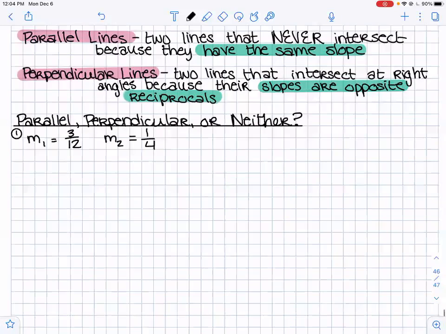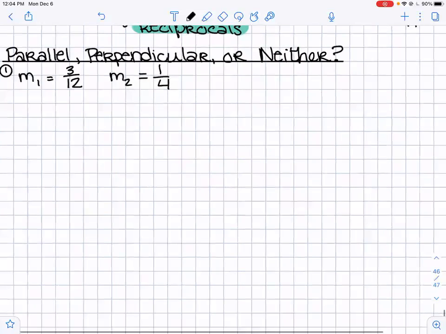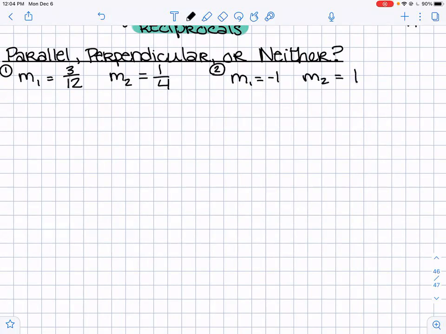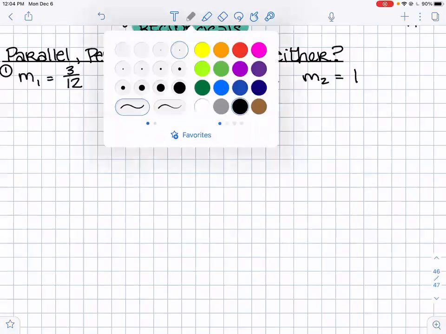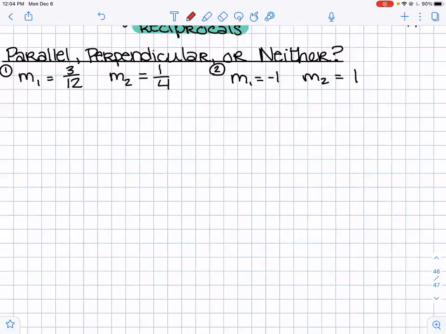Okay, I'm gonna give you two at a time. Okay, so on number 1, 2, you gotta decide, are these two lines parallel or perpendicular or neither? Yep.